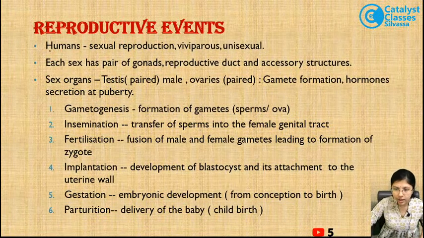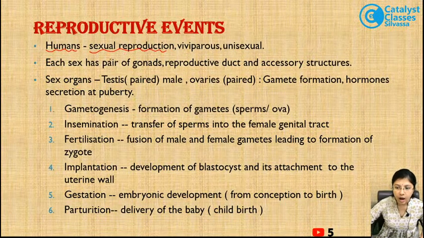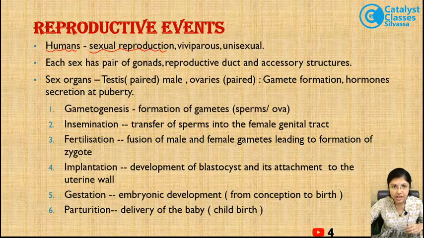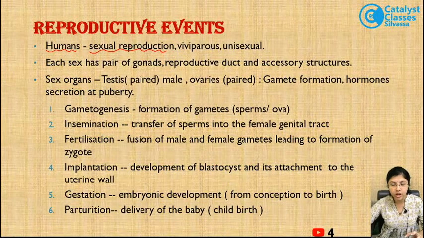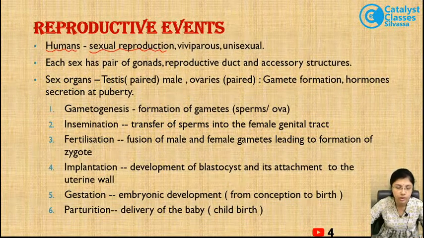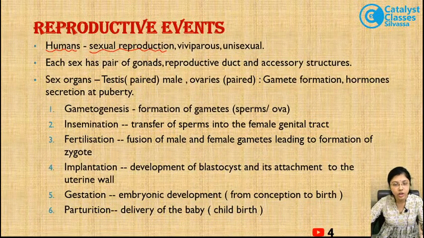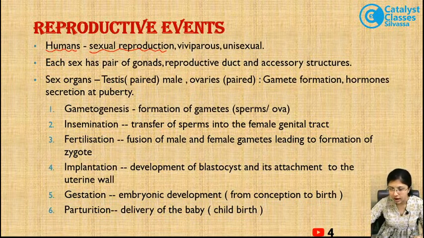Now we all know that humans are organisms in which sexual reproduction takes place, right? Now this sexual reproduction takes place by the formation of gametes. You already know that there will be a male gamete formed in the male body and a female gamete which will be formed in the female body. And then later on these gametes are going to fuse and give rise to the zygote, right?